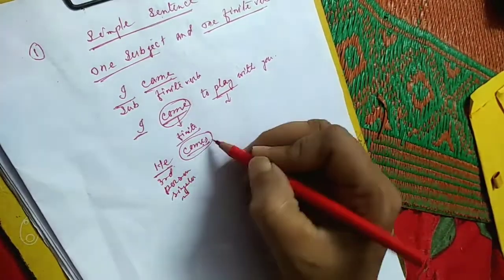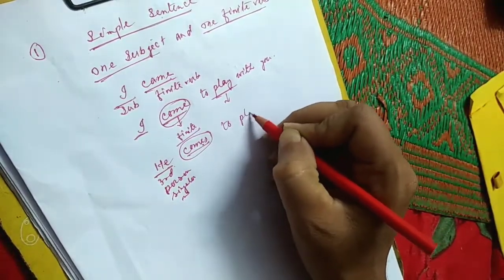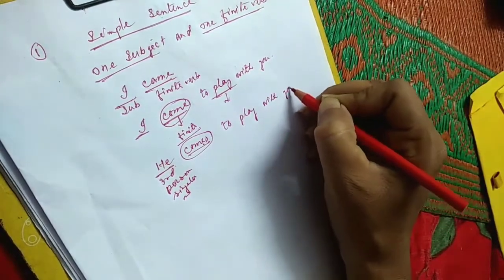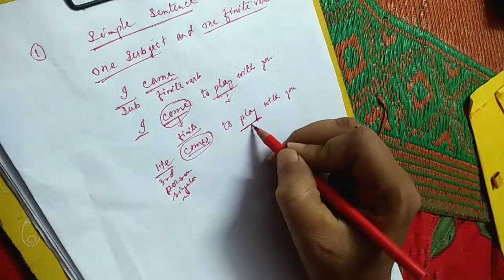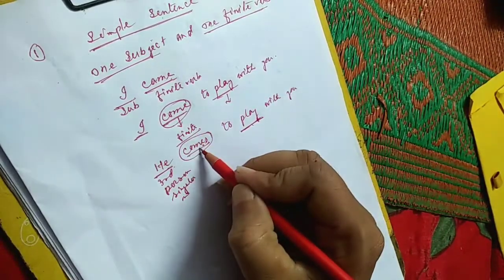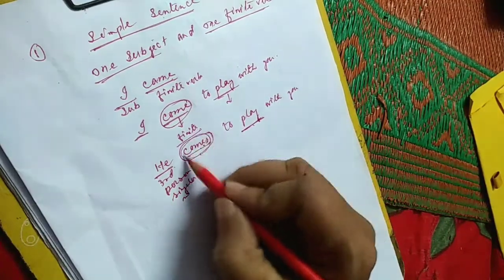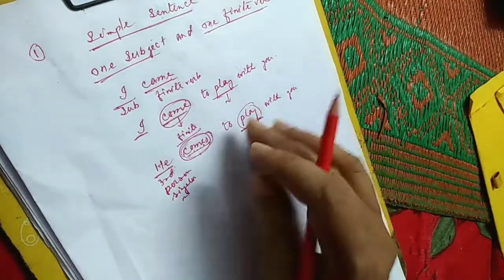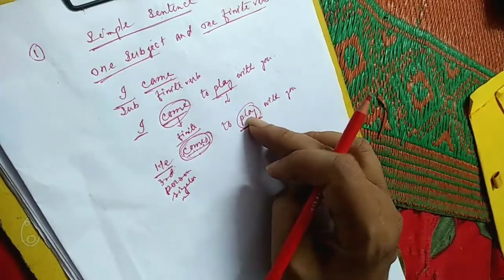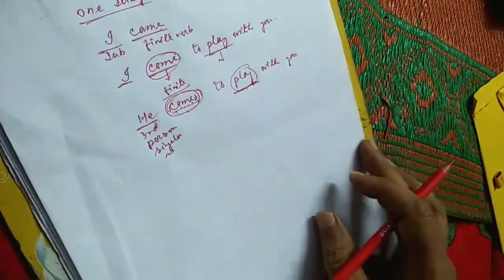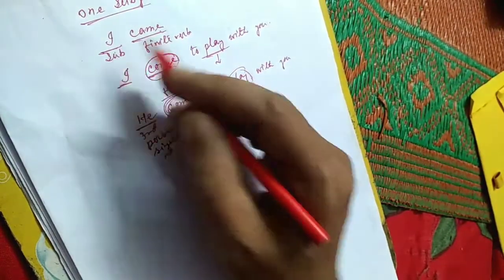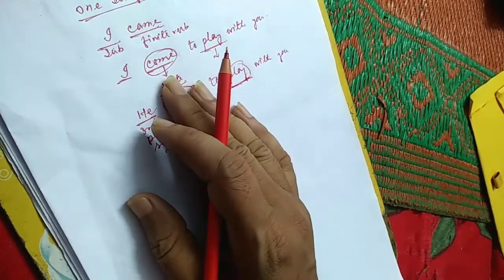But he comes to play with you, play is not changed. Only come becomes comes. So come is the finite verb, but play is always the same, so it is non-finite. So in a simple sentence, one finite verb and one subject. It is called a simple sentence.